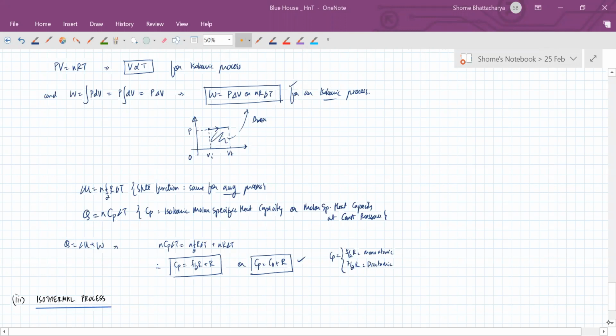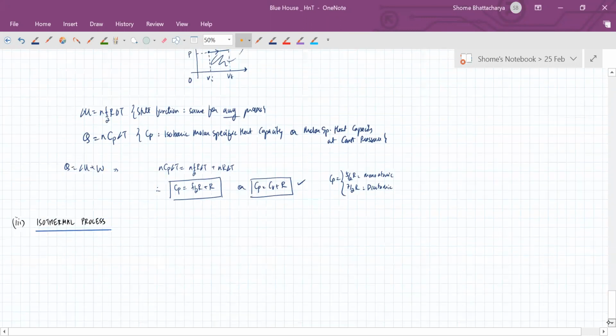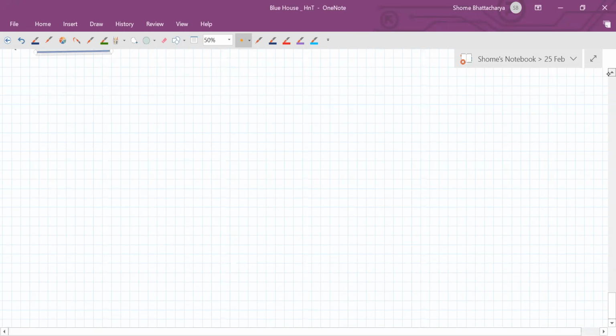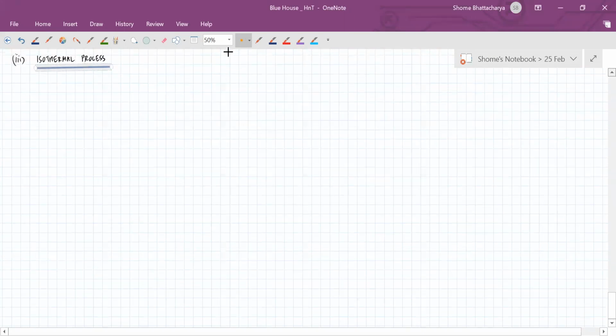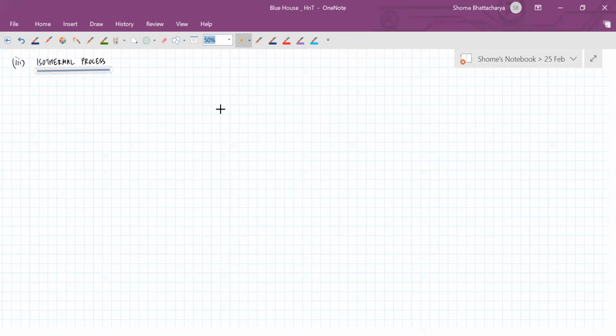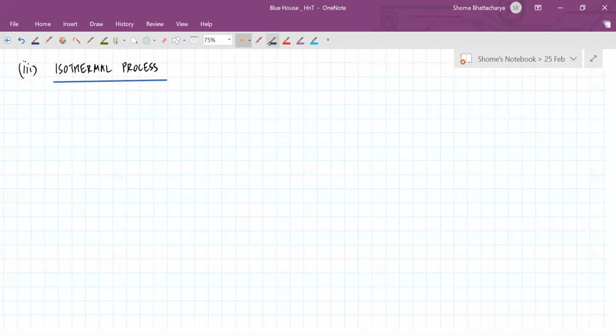Okay, so let's come to isothermal process next. So an isothermal process, as you know, is a thermodynamic process at constant temperature.